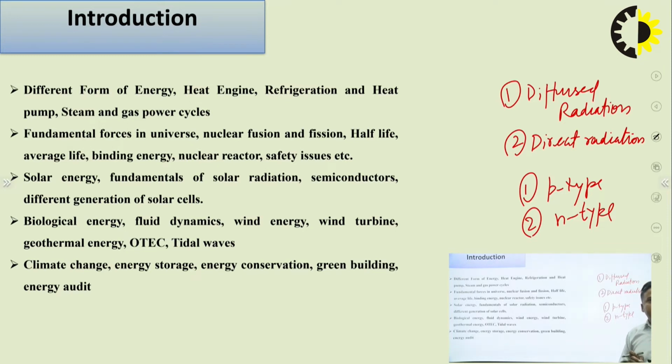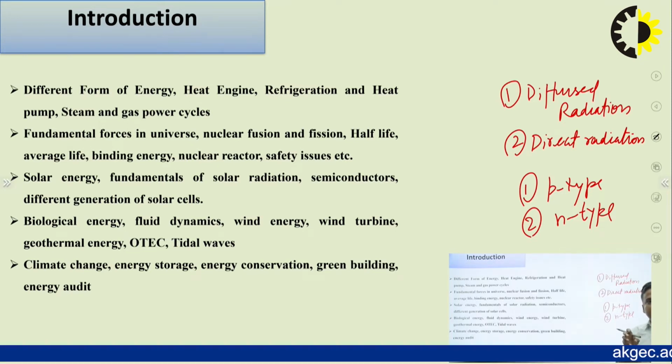When we are introducing pentavalent impurity, this is the n type of semiconductor, and p type semiconductors are those in which hole carriers are there. Then different generations of solar cells.